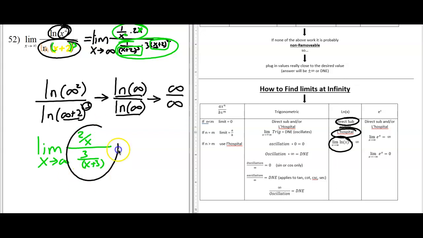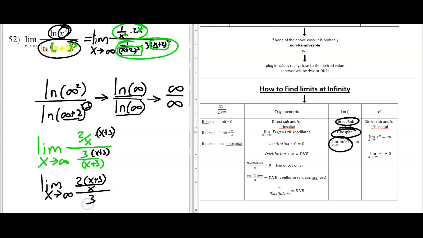Now this is a complex fraction at this point, isn't it? So what do we do with complex fractions? Well, we simplify them. So let's do that. So I'm going to multiply the top and the bottom by x plus 3, which is going to give me that.